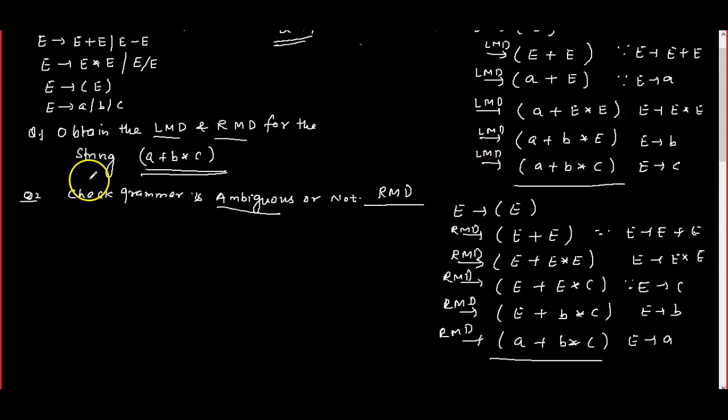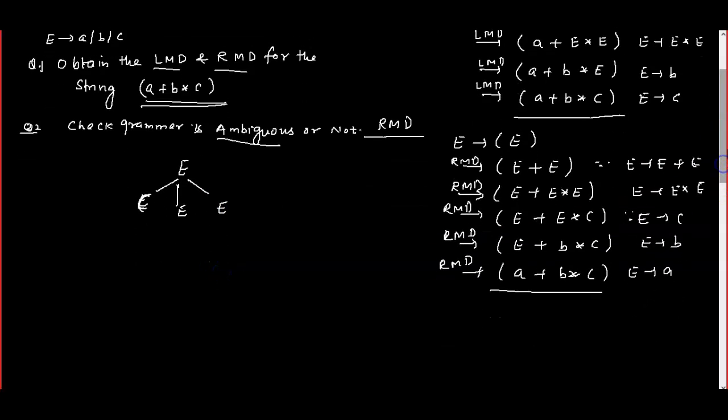Then we'll check the second one. Parse tree we can draw here. E derives E plus, that first I written here, open bracket, that E and this close bracket. That E derives open bracket E and close bracket.